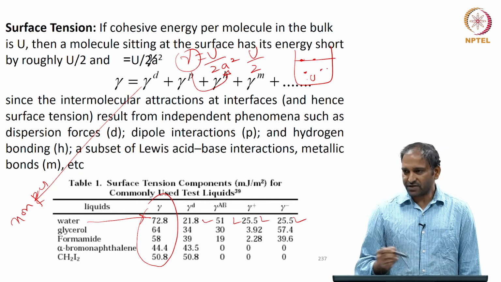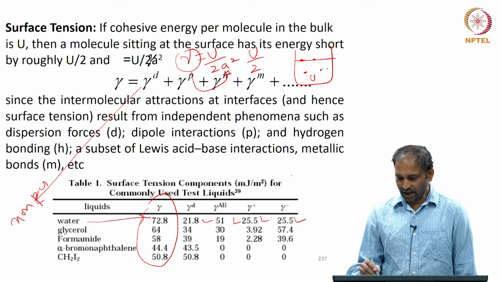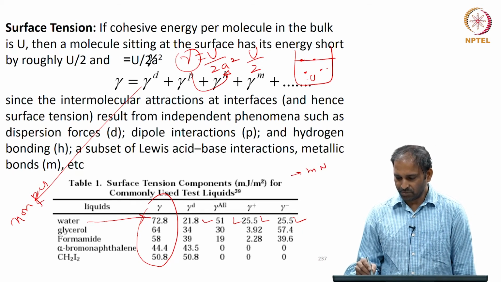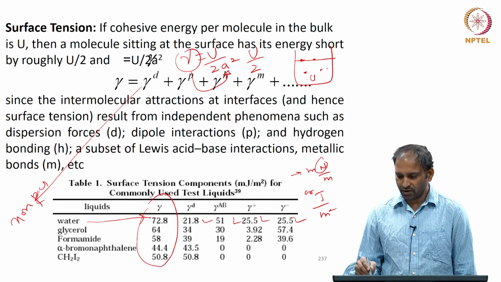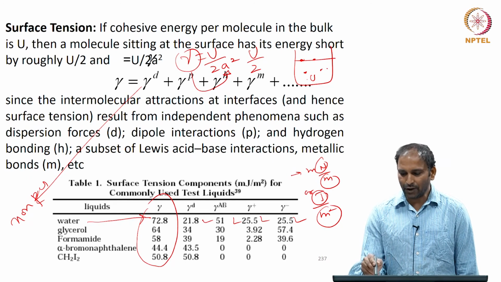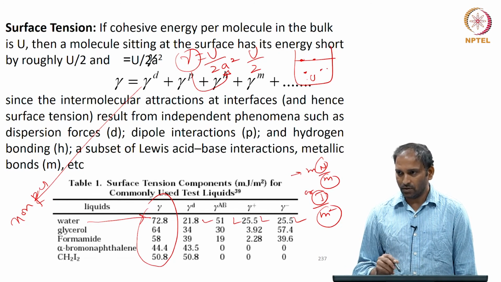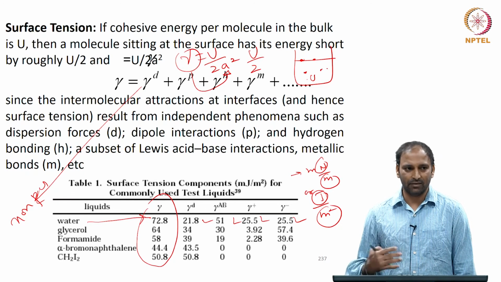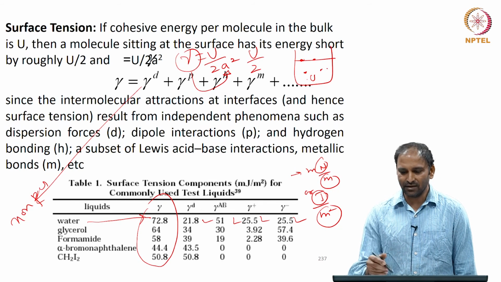Now, surface tension will have units of millinewtons per meter or joules per meter square, either force per unit length or energy per unit area. Now, I know the interaction energy between the molecules at the surface, that is u by 2. I want to get the area into the picture, and I say that this area is the area that the molecules occupy at the surface.